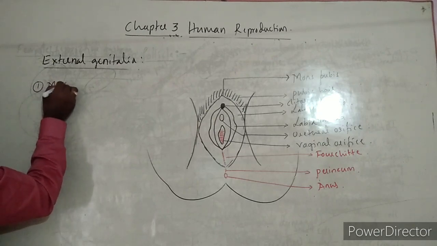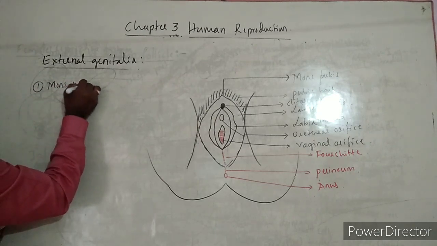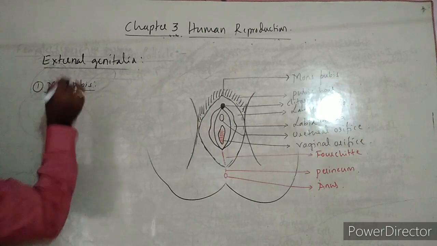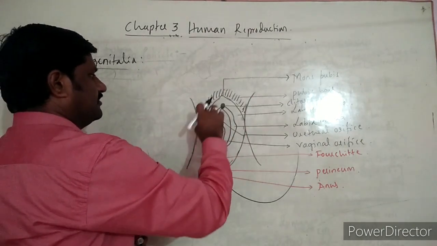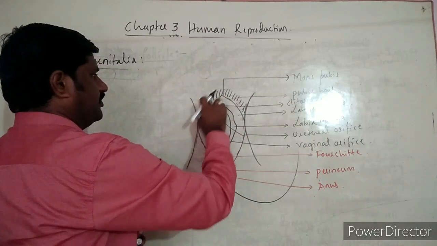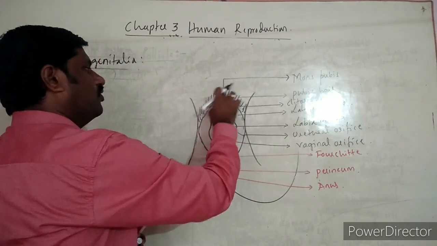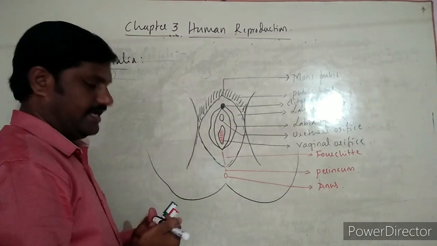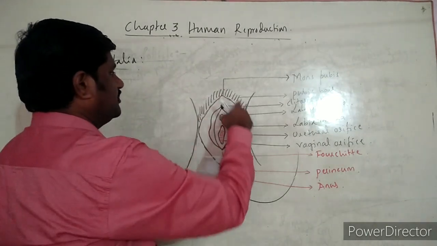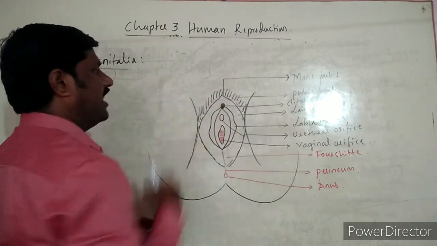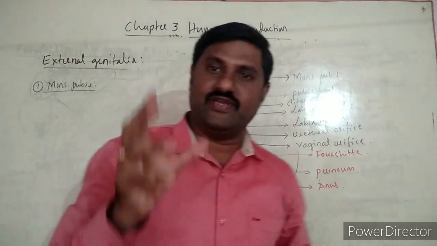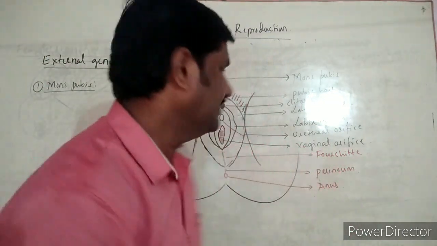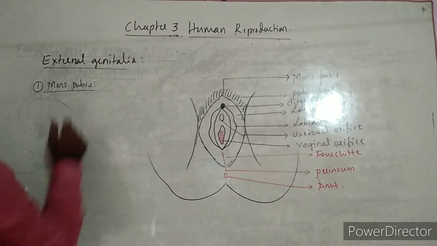One is mons pubis. What is this mons pubis? So this region itself is said to be mons pubis. This is a dome shaped fatty area which is covered with the skin. Hence it is very smooth in nature, right? So that is called as mons pubis.